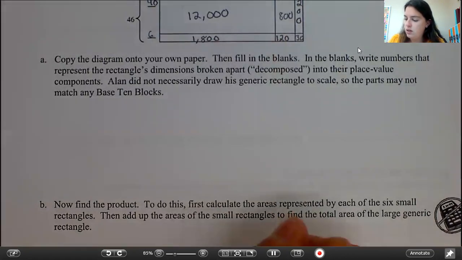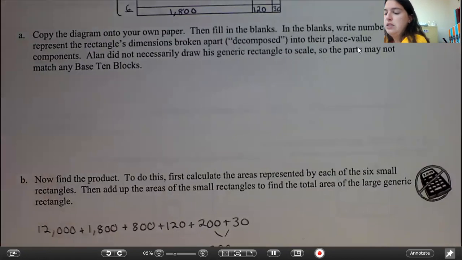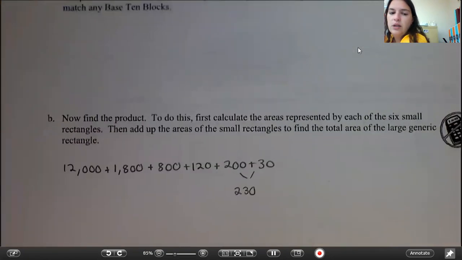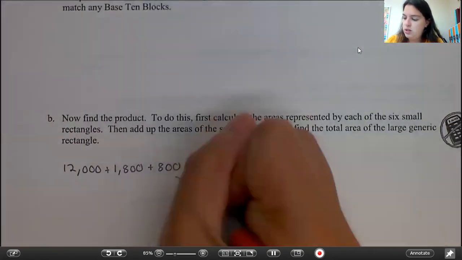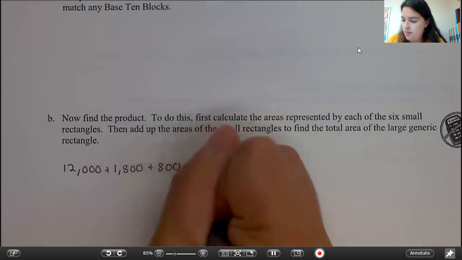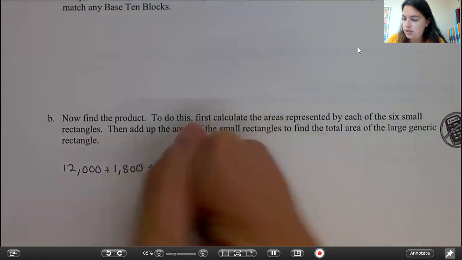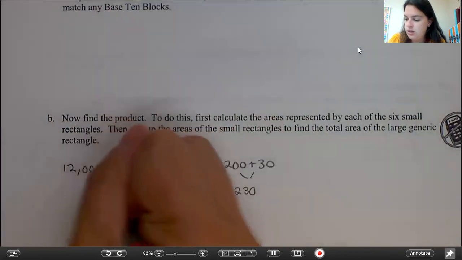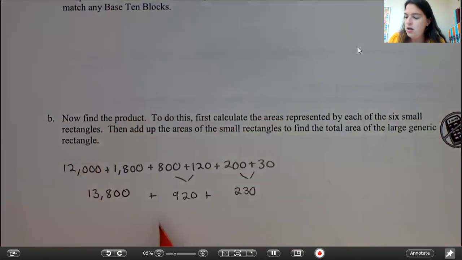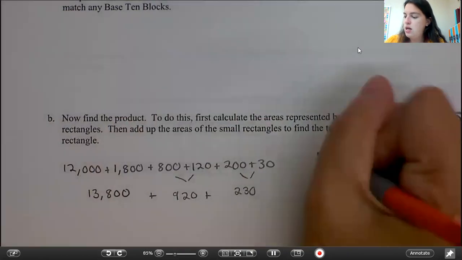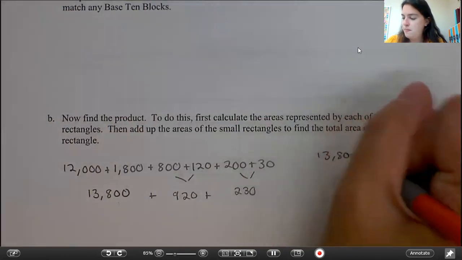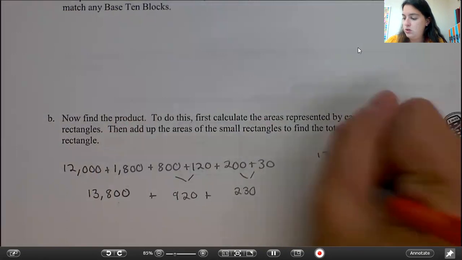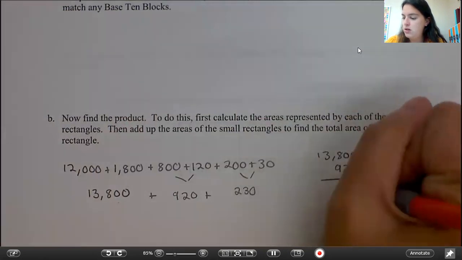Good. So we're going to start with 200 plus 30 is 230. 800 plus 120 is 920. Plus 12,000 and 1,800 is 13,800. 13,800 and 920. I'm going to do this the old-fashioned way, just to make sure.